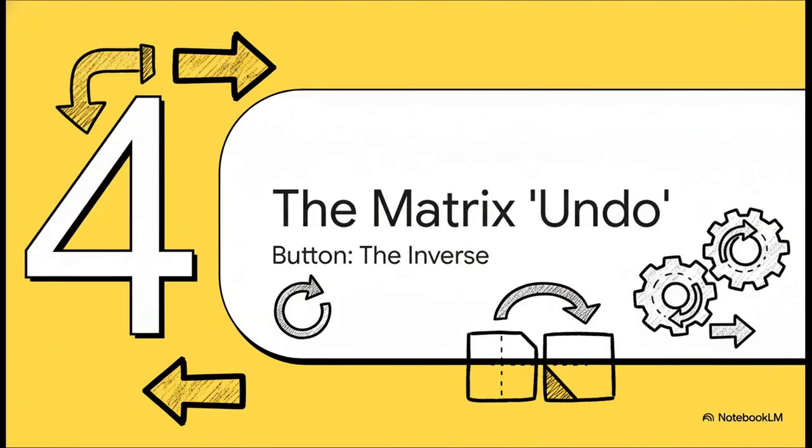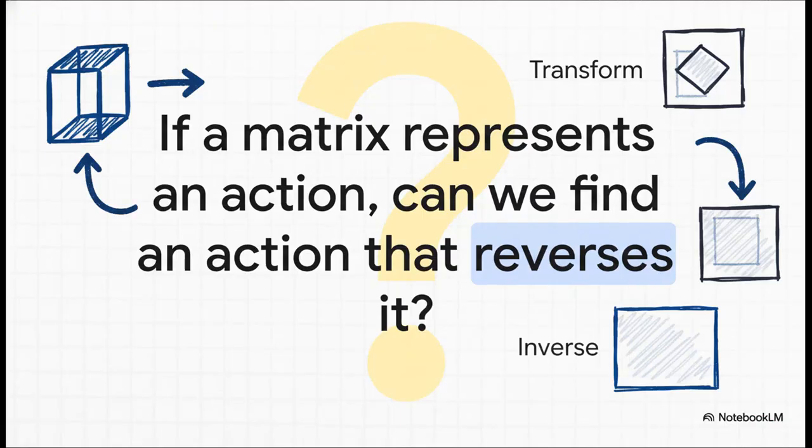Okay, so we've figured out how to take a matrix apart. But what if that matrix actually represents an action, a transformation? Can we reverse it? This brings us to our next big secret, the matrix undo button. Exactly. I mean, think about it. If multiplying by a matrix transforms something, like it rotates an image in a video game, is there another matrix that can just rotate it right back to where it started?